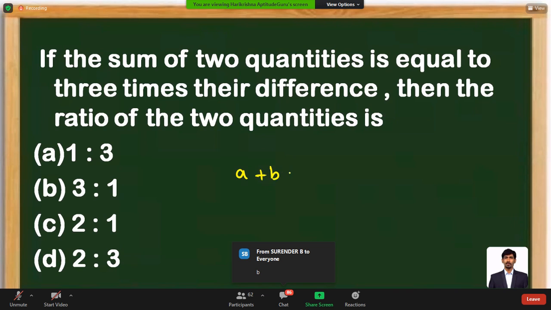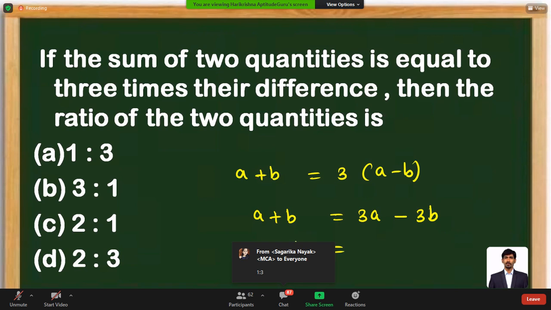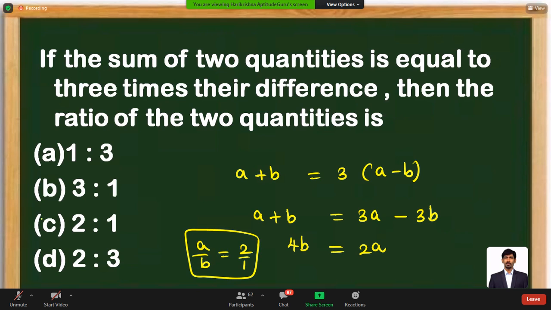So A plus B is equal to 3 times of their difference, A minus B. So from this a plus b is equal to 3a minus 3b. From this data 4b is equal to 2a. So what is a by b here? A by b is equal to 2 by 1. Mark it as option C.